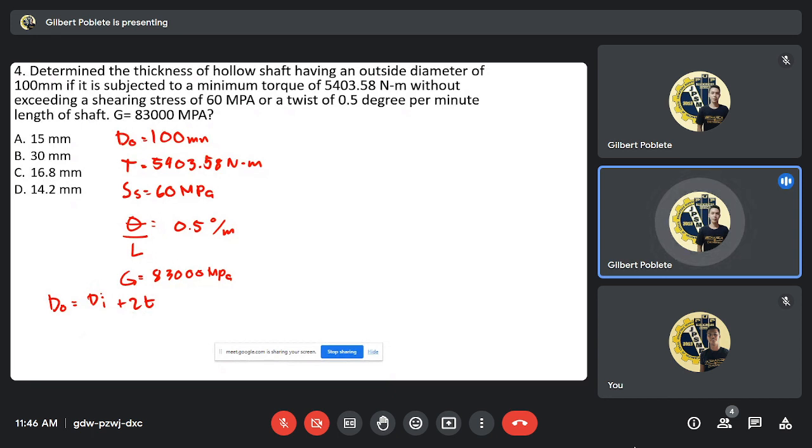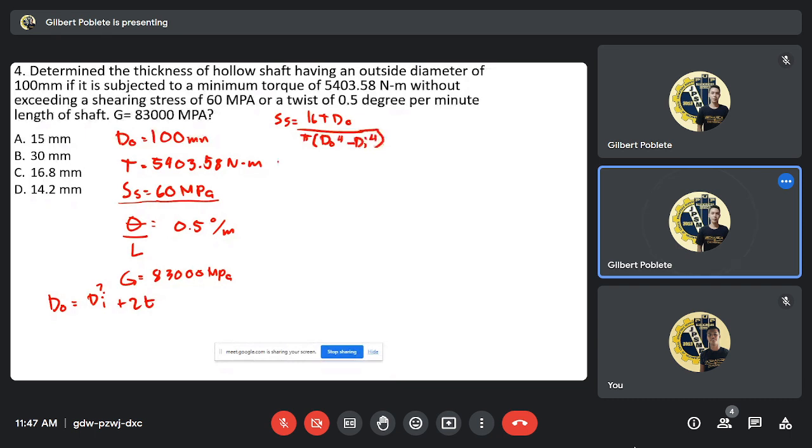Para mahanap natin siya, pwede natin gamitin itong shearing stress ng shaft natin. So, sige, try natin. Meron tayong 16 TDO over pi times DO raised to 4 minus DI raised to 4. And pwede natin siyang gamitin dyan.